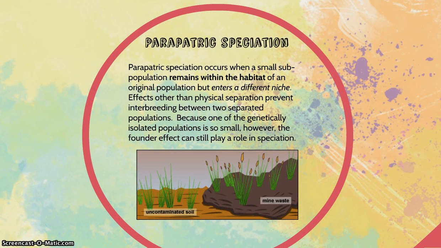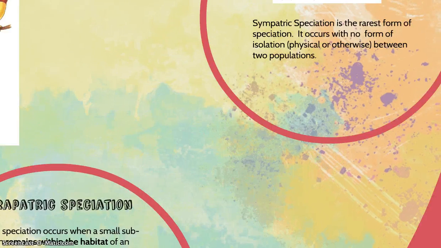Parapatric speciation are when two sets of organisms remain in the habitat but enter a different niche. And so there is no physical separation, but because they learn or adapt to a different type of resource, they become speciated.